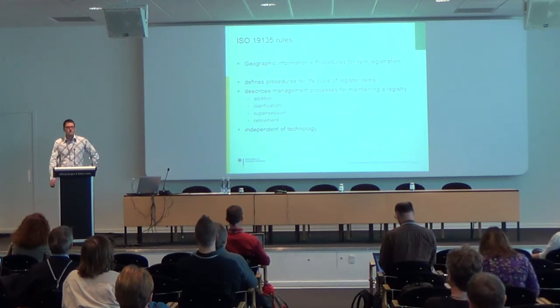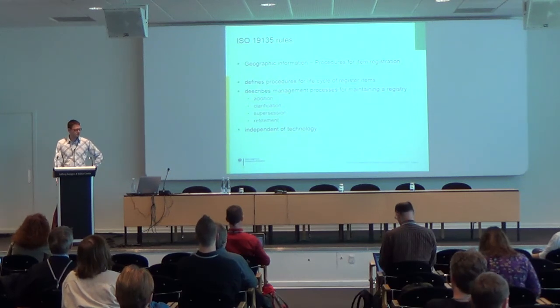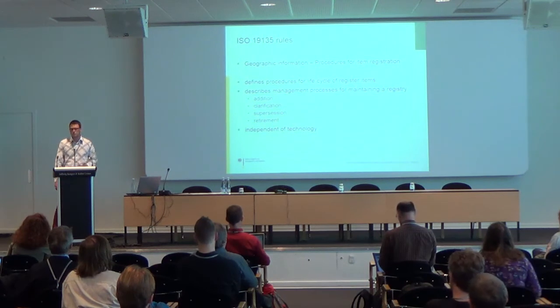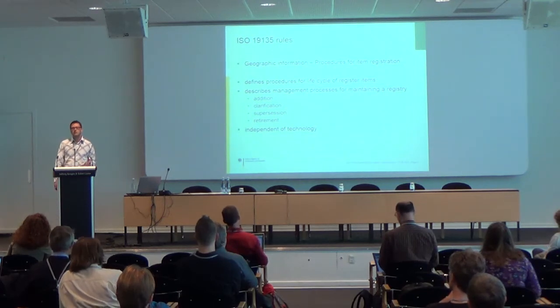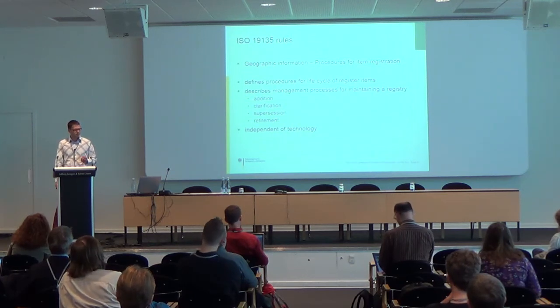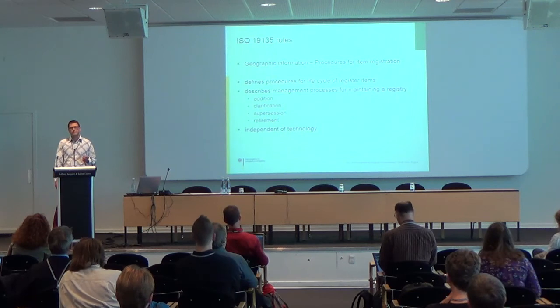So the ISO standard focuses on how to deal with a registry, how to manage a registry. And there are 4 processes defined. First is the addition, how to get new data into the registry. The second one is the clarification. You have to be very careful with this. That's only to correct spelling errors.